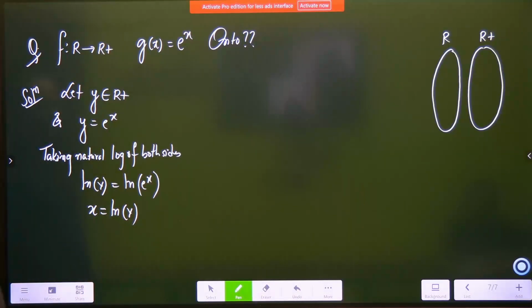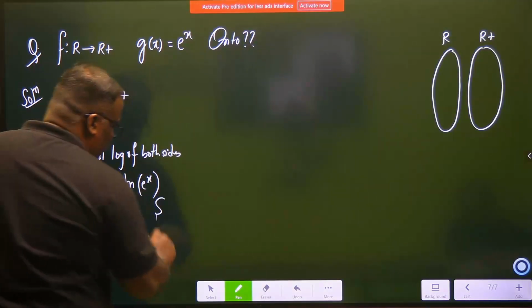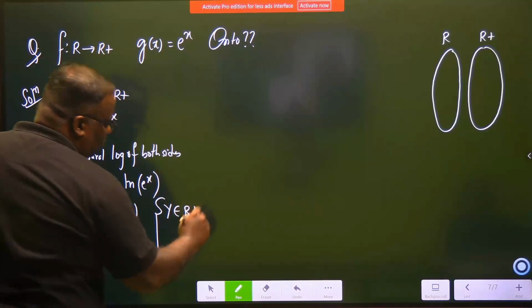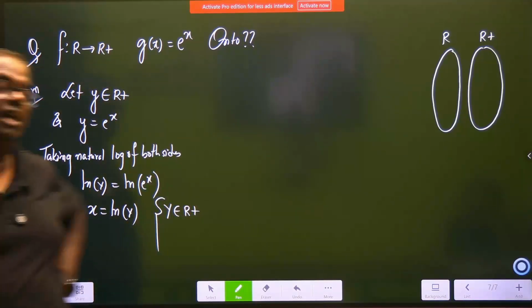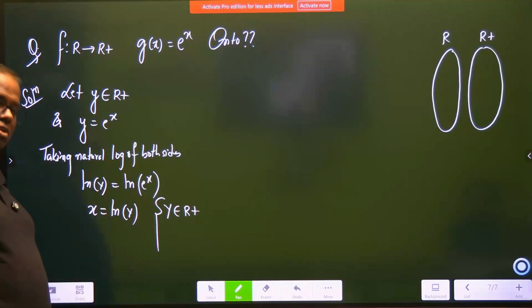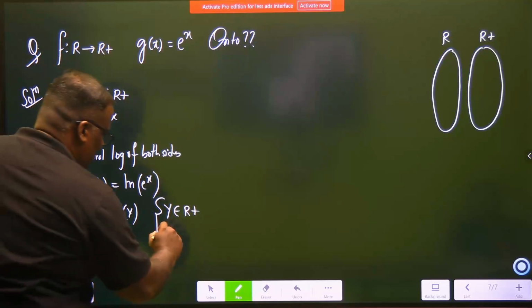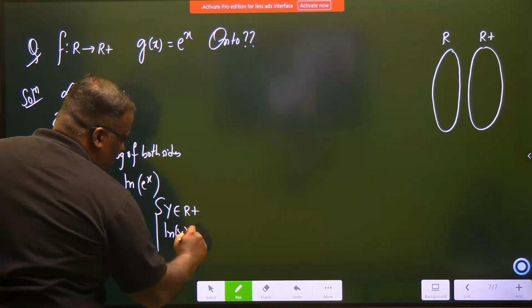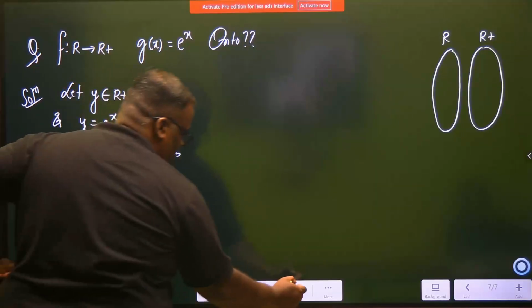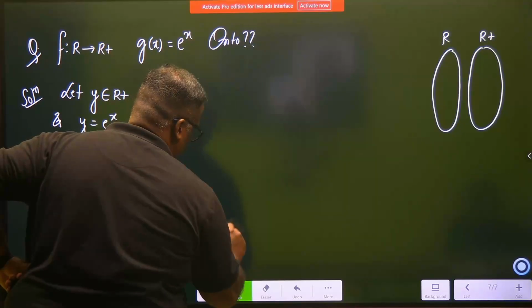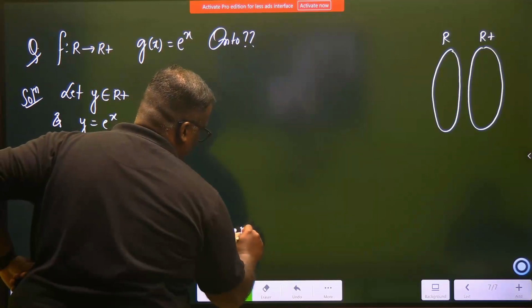Here we need to know something which you may not know. If y belongs to R plus, meaning y is a positive number, then natural log of that number is also a real number. Ln y is also a real number.